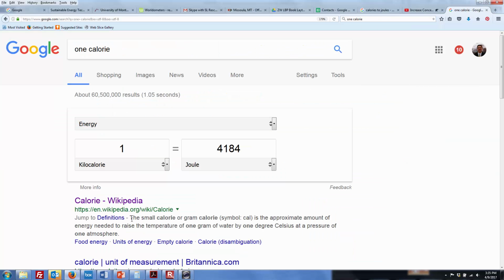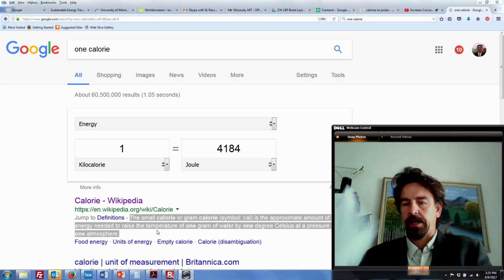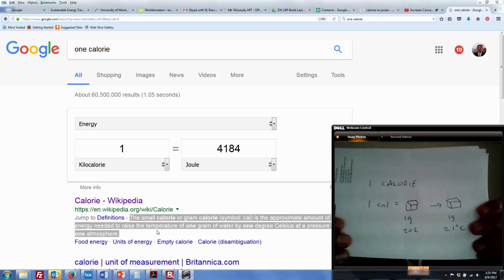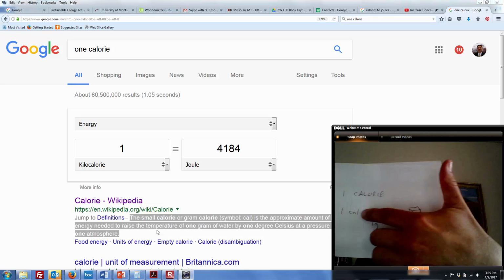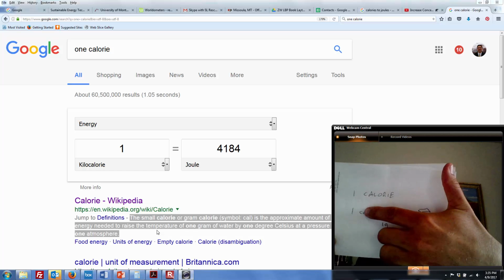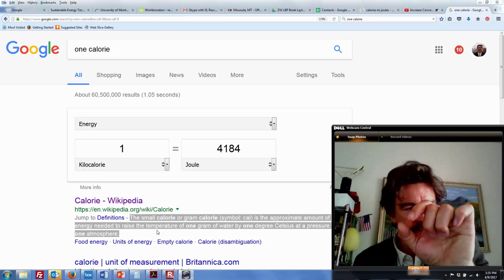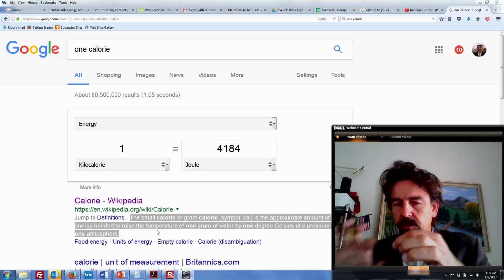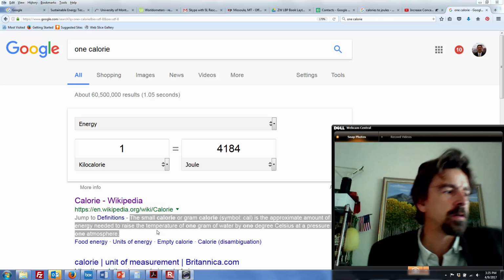So right here, the small calorie or gram calorie is the approximate amount of energy needed to raise 1 gram of water 1 degree Celsius. So yes, you're correct. And I guess that's 1 calorie, and we write this as 1 c, and note that's a little c, 1 calorie. So one gram of water is about that big. It's just 1 centimeter by 1 centimeter by 1 centimeter.